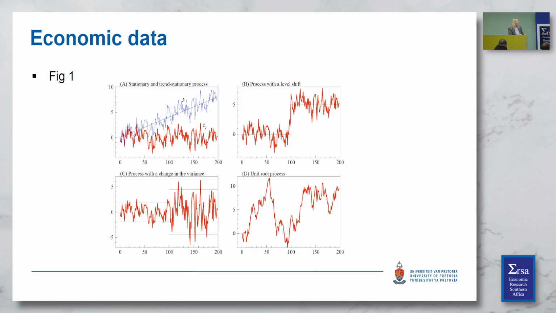But for the most part, our economic series do not have a constant mean. They are not stationary. And by stationary, I mean a constant mean and a constant variance, and covariance just dependent on the distance k between period t and t minus k. For the most part, we will see trends like that.